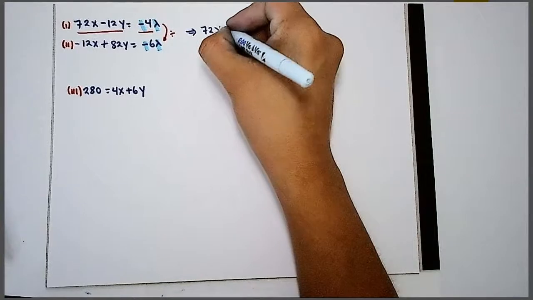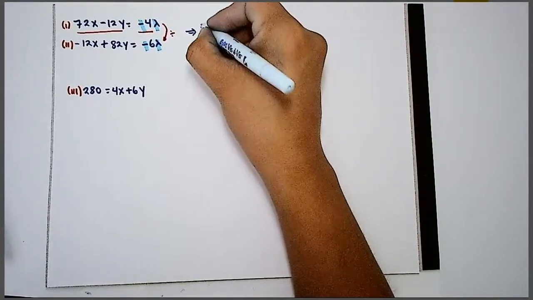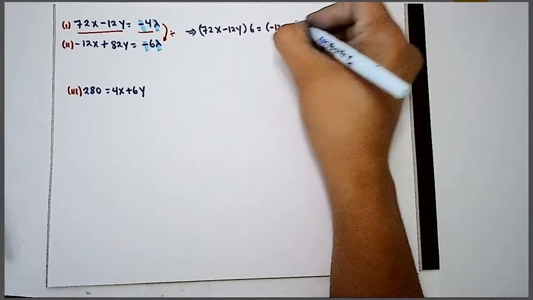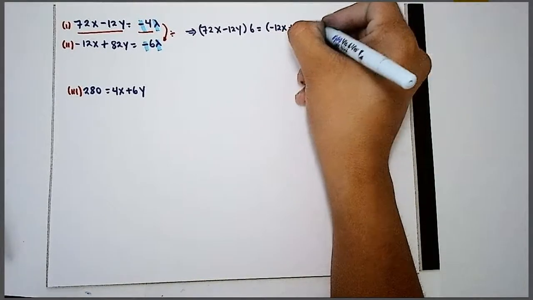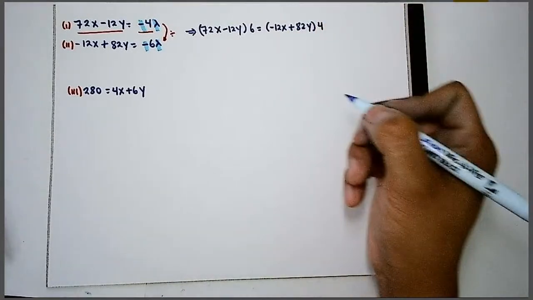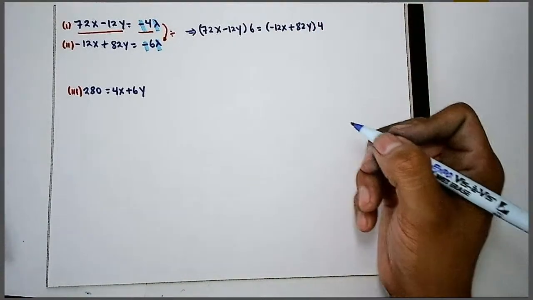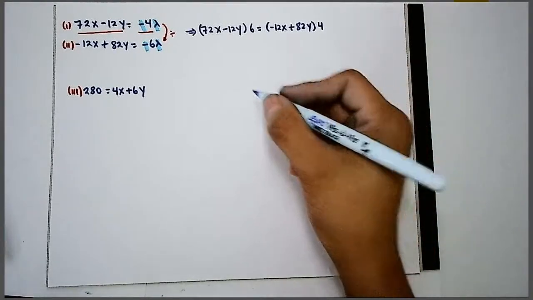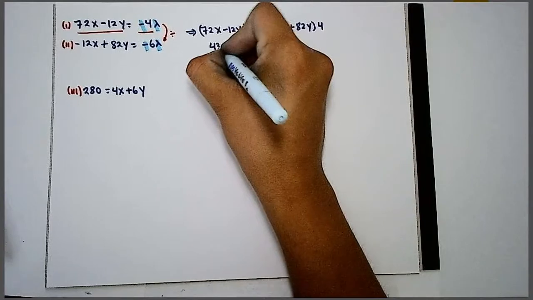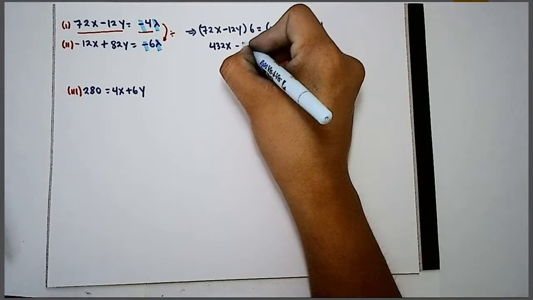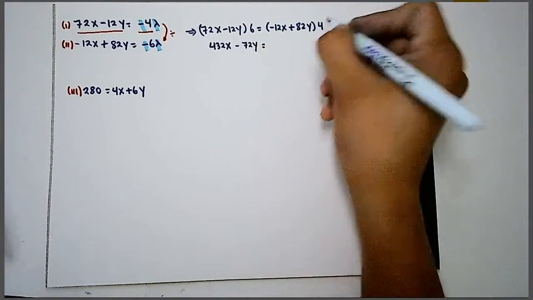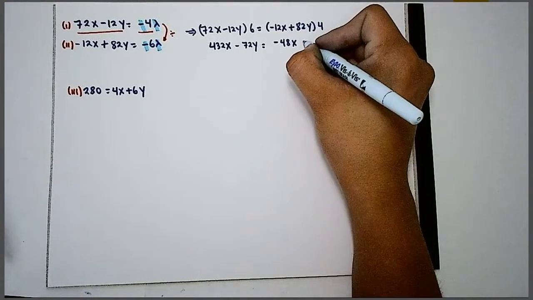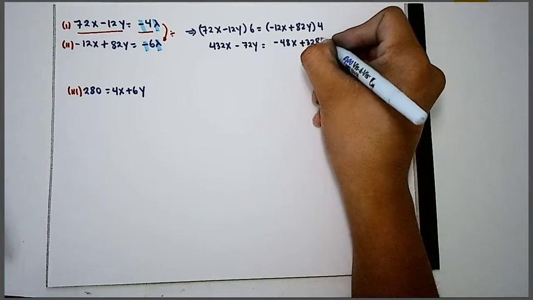So here we will have 72x minus 12y times 6 must be equal to minus 12x plus 82y times 4. Now 72 times 6 is 432x minus 72y equals minus 48x plus 328y.